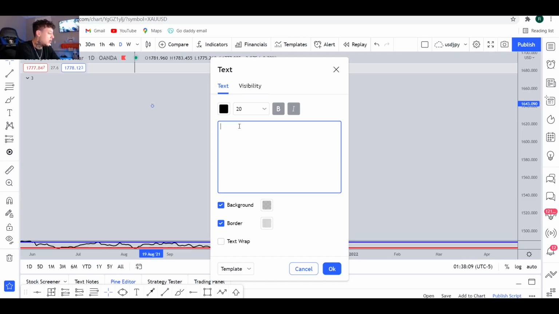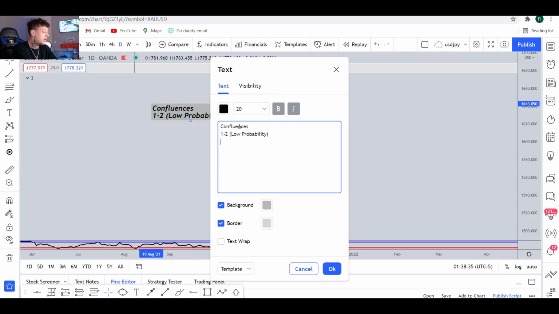So when we have confluences, when we have 1 to 2 confluences, it means it's a low probability trade. When you only have 1 or 2 confluences, typically you want to stay away from those types of trades. They're low probabilities. They don't look like they're really going to play out in your favor, and you want to stay away from those trades.